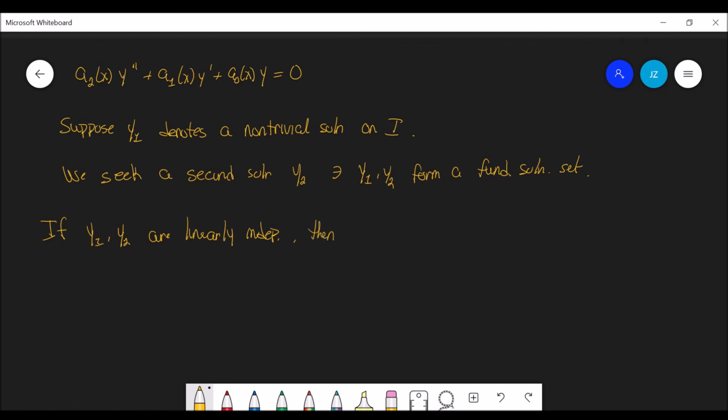then the ratio y2 to y1 is non-constant on the interval, that is, y2 of x over y1 of x is equal to some function u of x, which means that y2 of x is u of x times y1 of x.